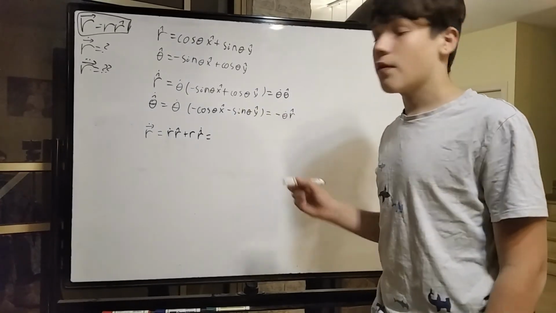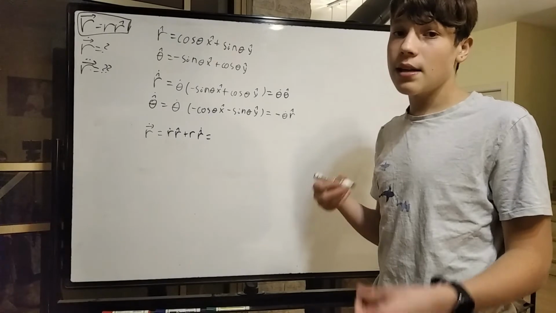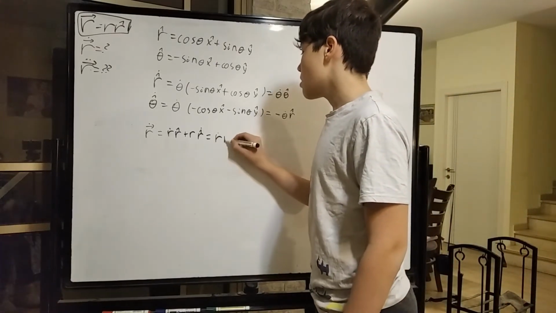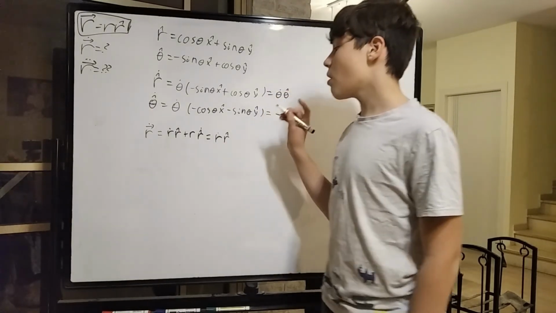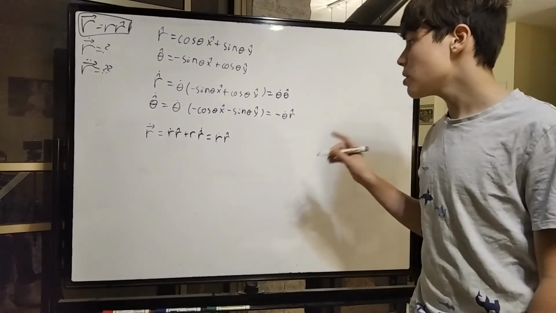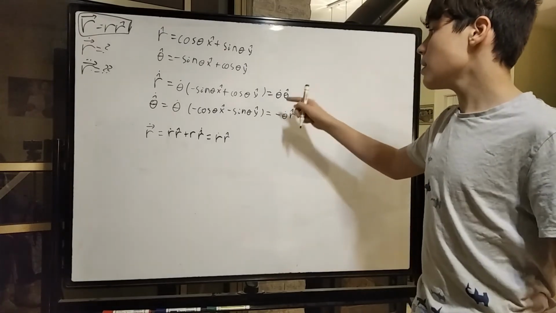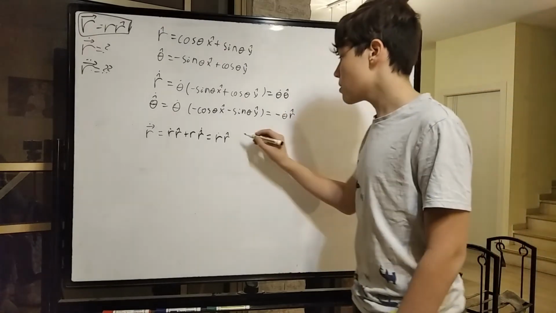Now r dot, again, depends on the problem, we don't have a formula for it, so this stays r dot r hat. But for r hat dot, we do have a formula in polar coordinates: it's theta dot theta hat.